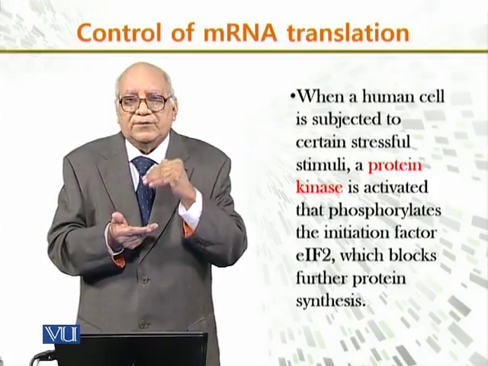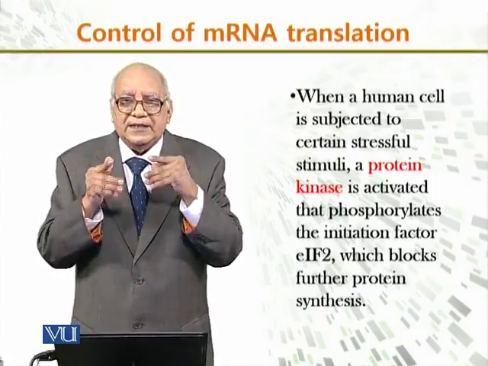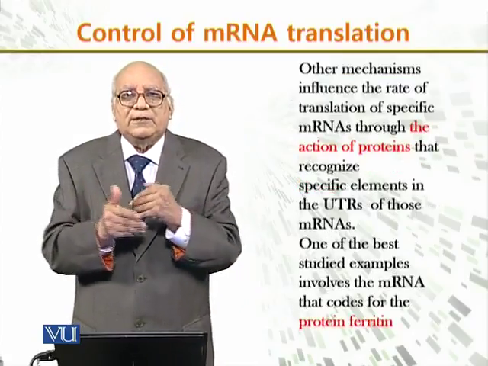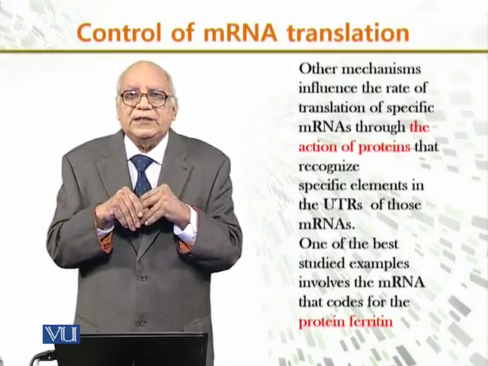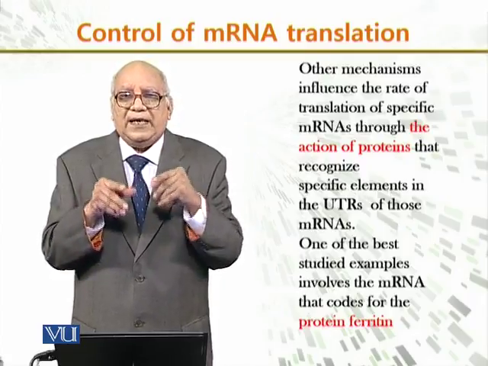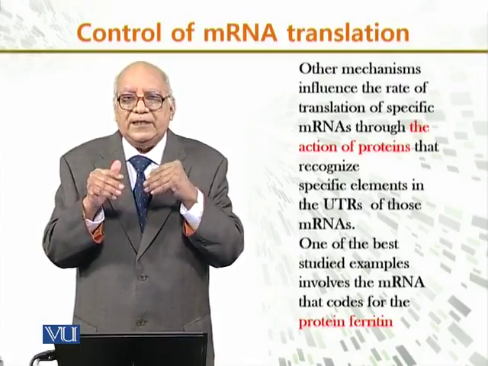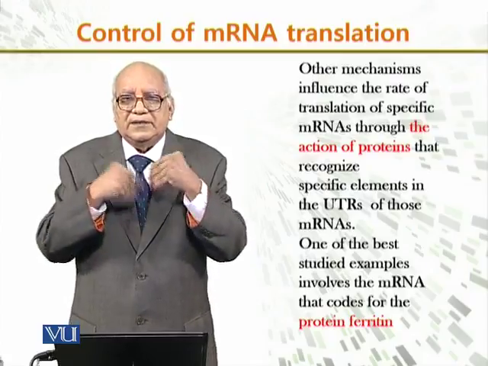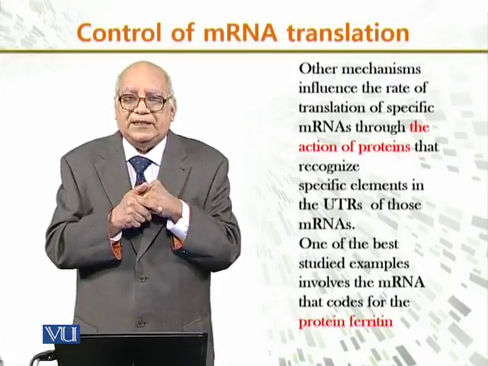That is an enzyme which is activated when a cell is put under different stress. Other mechanisms influence the rate of translation of specific messenger RNAs through the action of proteins that recognize specific elements in the UTRs, the untranslated regions of these messenger RNAs.